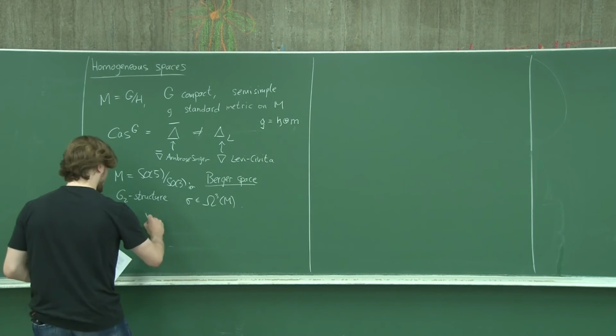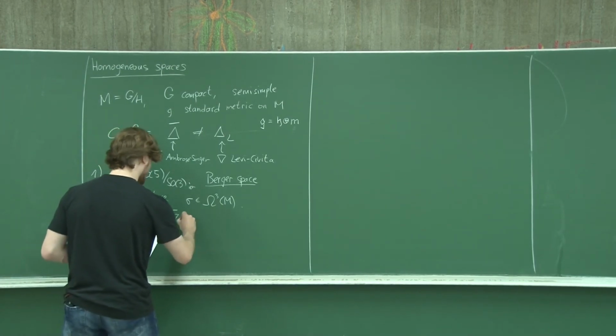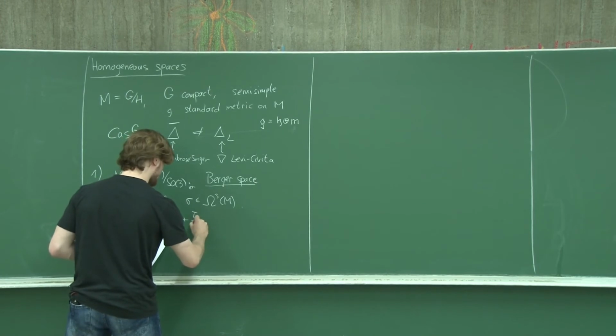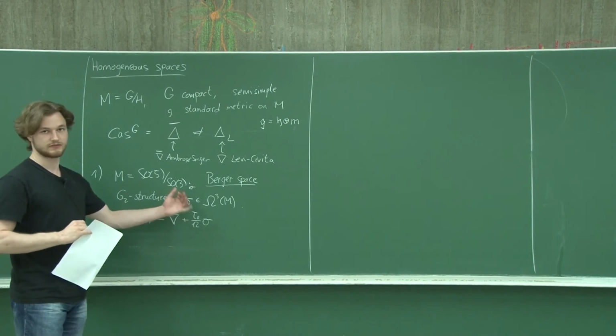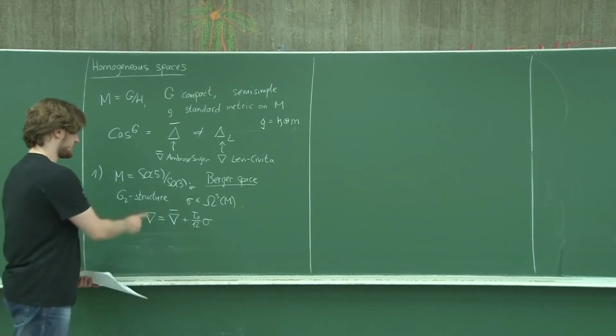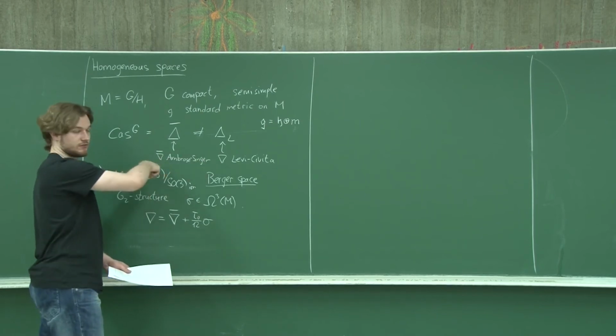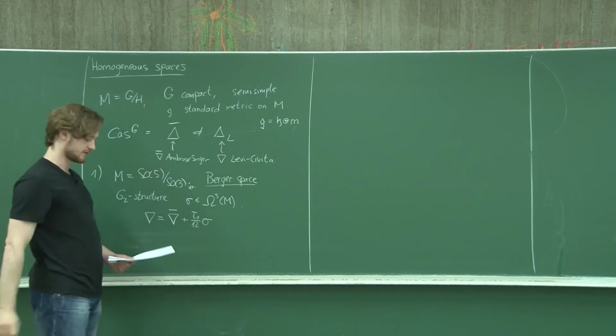In fact, we have nabla equals nabla bar plus tau naught over 12 times sigma, where tau naught is some scaling factor. So, okay, we know what the difference between these two connections is, so we know in principle what the difference between these two operators is.